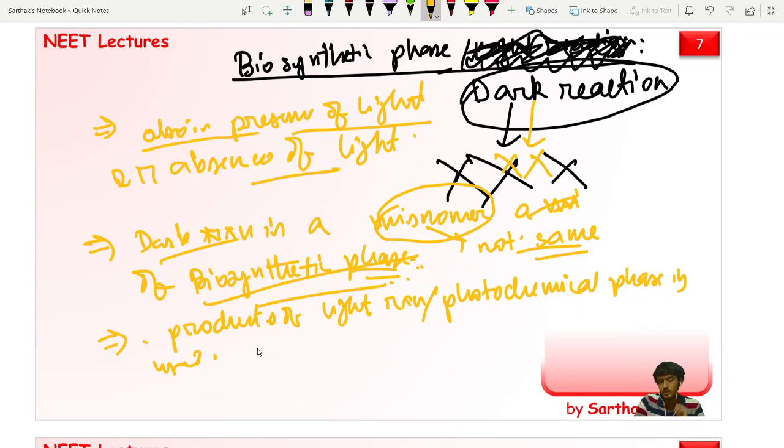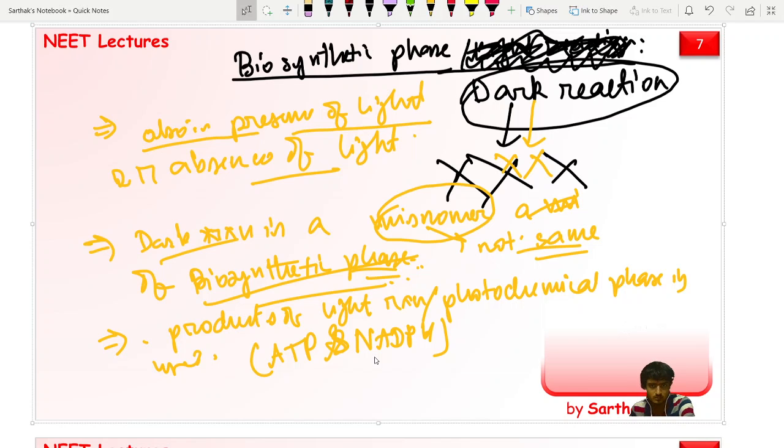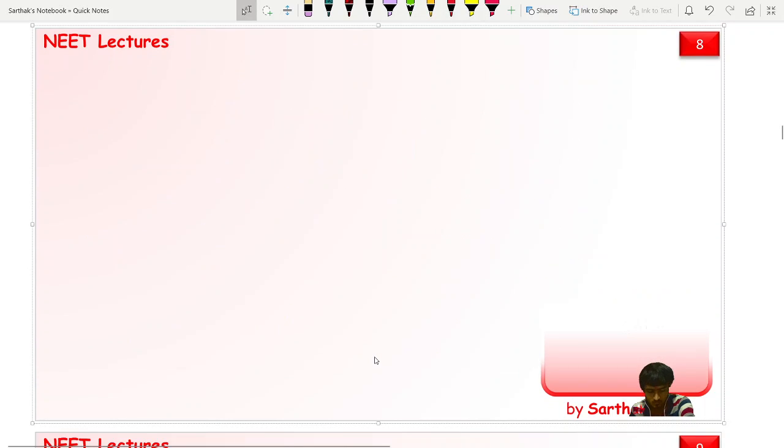And what are the products of the photochemical phase? That is ATP and NADPH, which I have talked about previously. So we will be starting with the first biosynthetic phase.